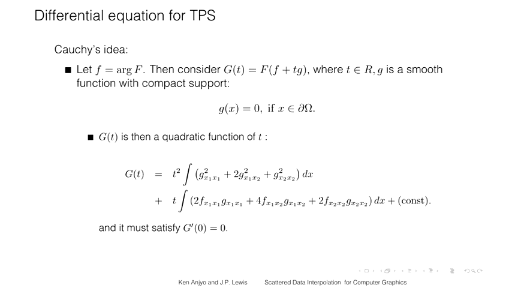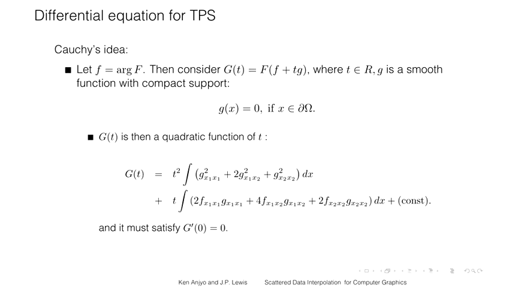So first, F is such a minimizer. Then we consider some functional. Here, t is just a real number, and F plus t G is a function that belongs to the Beppo Levi space. If F is such a minimizer, then G should also vanish around the boundary.